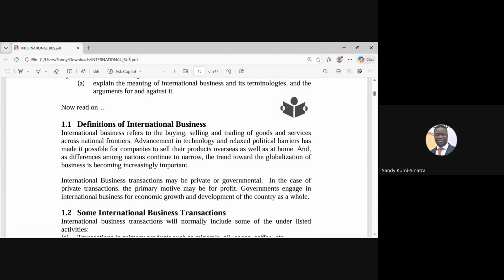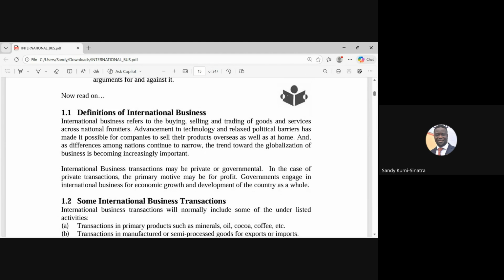Most countries are forming trade blocs and what have you to give access to their neighboring countries to transact international business or do business with them. So we enter into international business mainly for individuals to make profits.